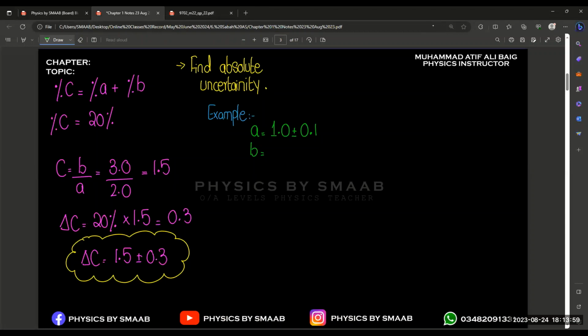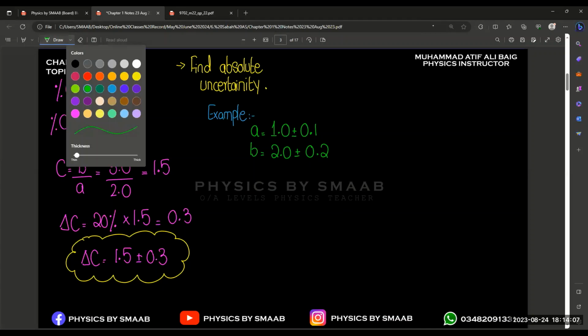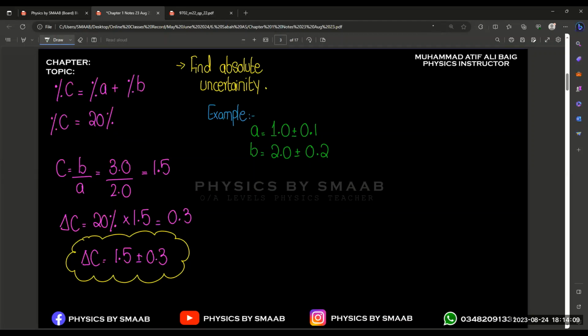So the value of B is 2.0 plus minus 0.2, and the requirement of the question is to find, let's suppose, an unknown quantity D which equals A cross B, that is the multiplication of two quantities, right?